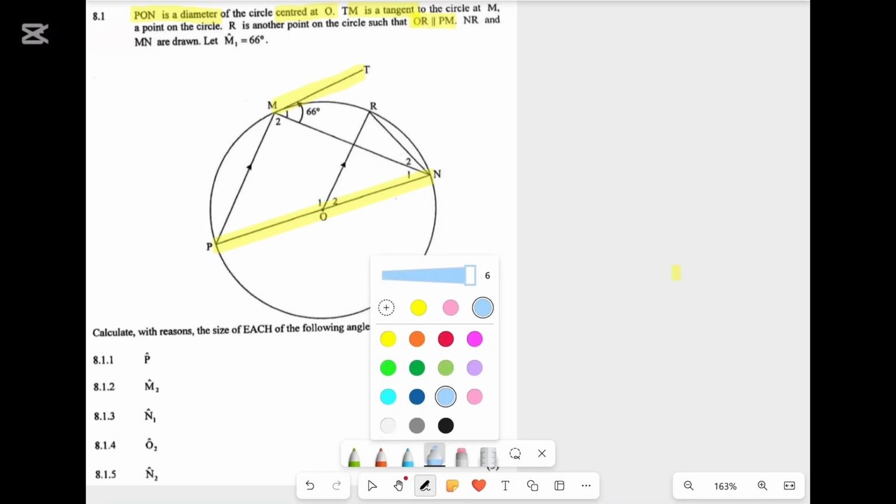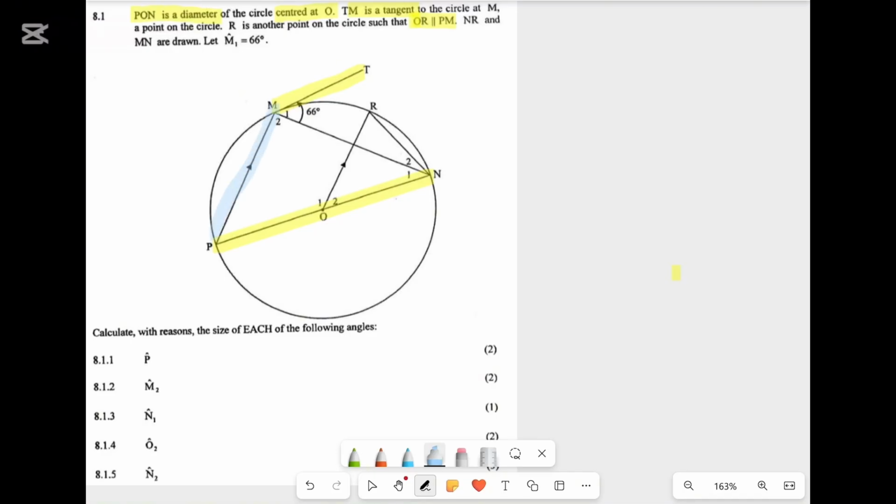So all the theorems that have to do with parallel lines. NR and MM are drawn. Let angle M1 be equal to 66 degrees. Now, the first question here, we are required to calculate the size of angle P.